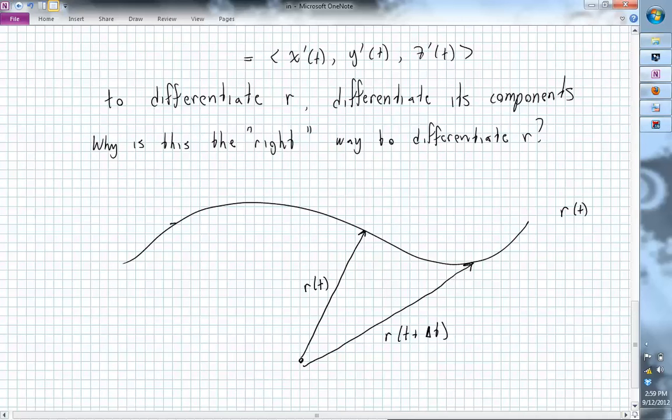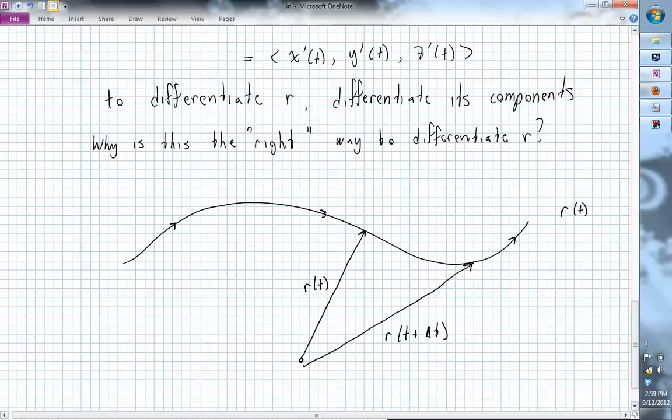The idea is the particle is cruising along the curve in this direction with increasing time. So if I take t and add delta t, and again, I'm assuming delta t is positive, it doesn't have to be, there's an analogous picture if delta t is negative, that moves me a little bit further down the trajectory. So my position was at r of t, now it's r of t plus delta t. Is everybody okay with that picture?